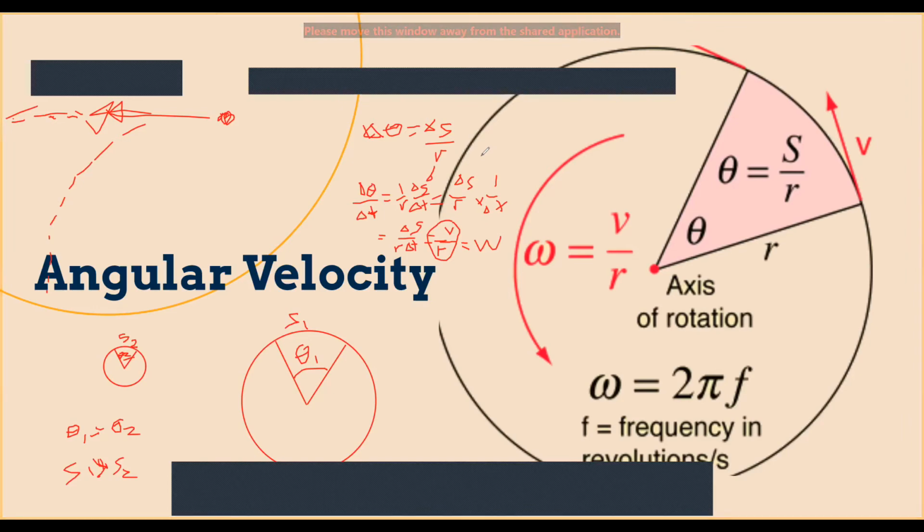If you have delta s over r times delta t, your delta s over your delta t is just the variable v, or tangential velocity, right? So if you're left with that, you can factor out 1 over r times v. And 1 over r times v is the same thing as 1 over r times v over 1. So you just multiply across, right? Numerator, numerator, denominator, denominator, and then you get v over r. That's omega. So that's where you get this equation from, right here.